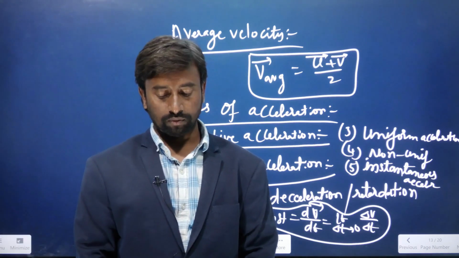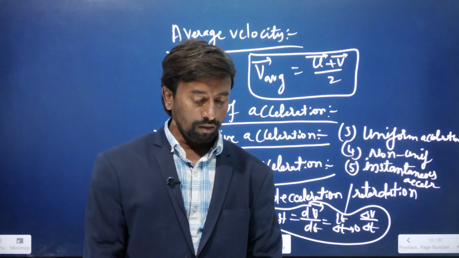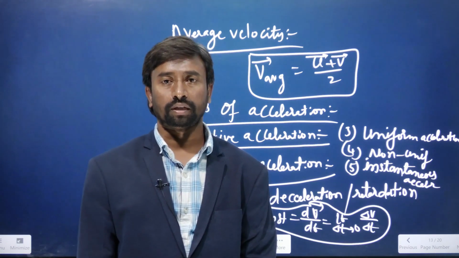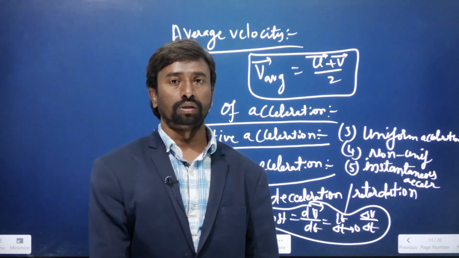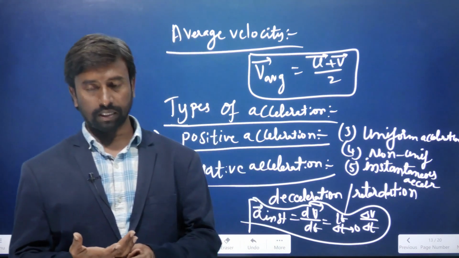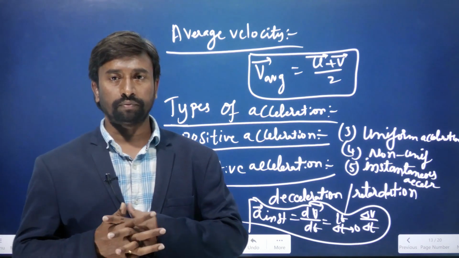Okay, next, to study the motion of an object, there are different types of equations, and these equations are known as equations of motion. Equations of motion are the expressions which give the relation between the physical quantities of the motion of an object.